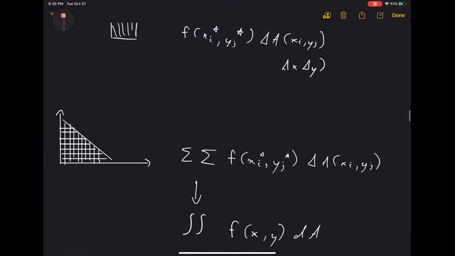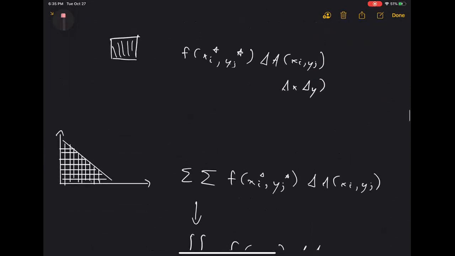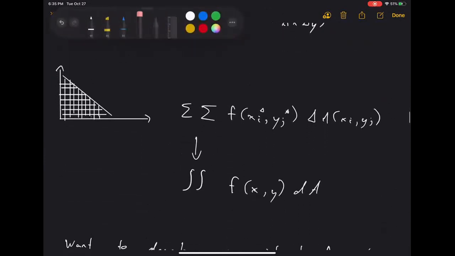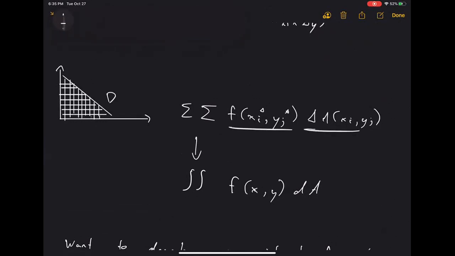And then remember where we went from there. If I have some complicated region, if this is our domain, we break it down into smaller rectangles, and we consider the volume of each box where the base is one of these rectangles, and we add them all up and we get our volume.